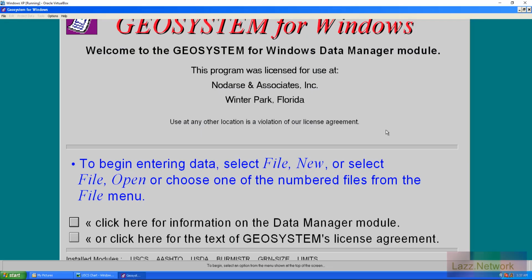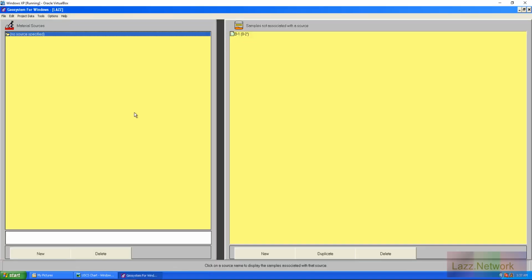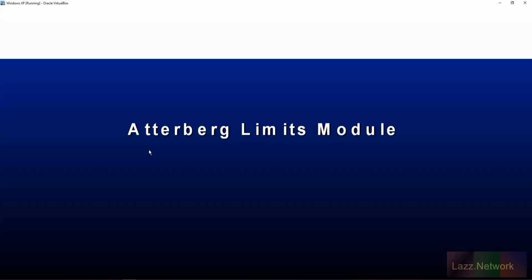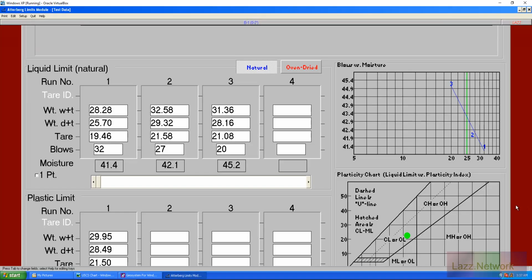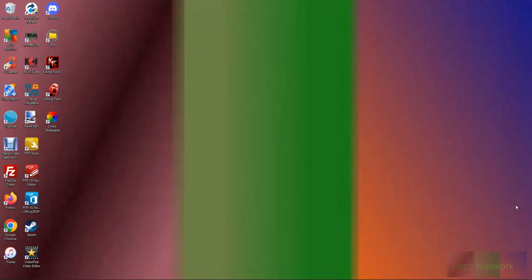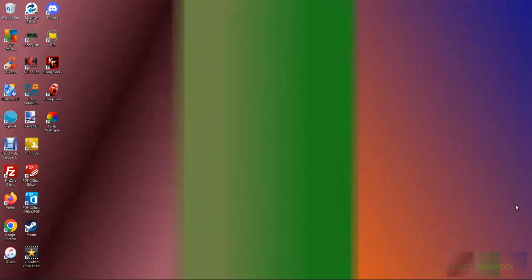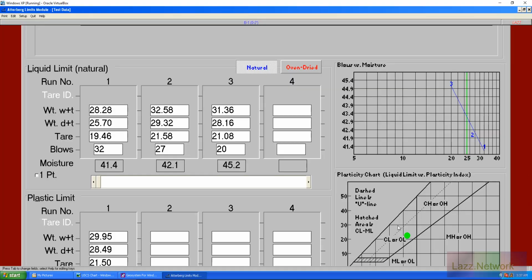Let's open this up again. Of course, it doesn't want to show everything on the screen.